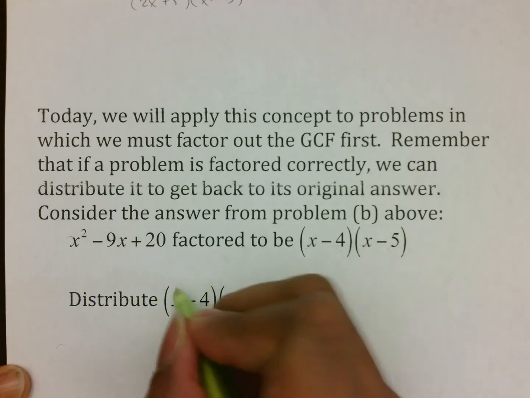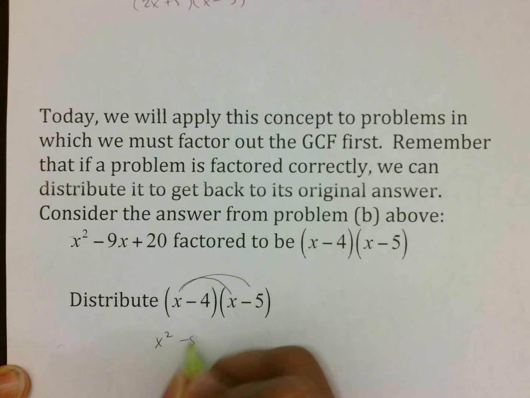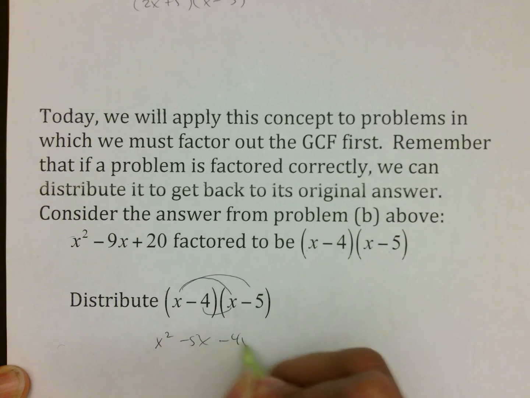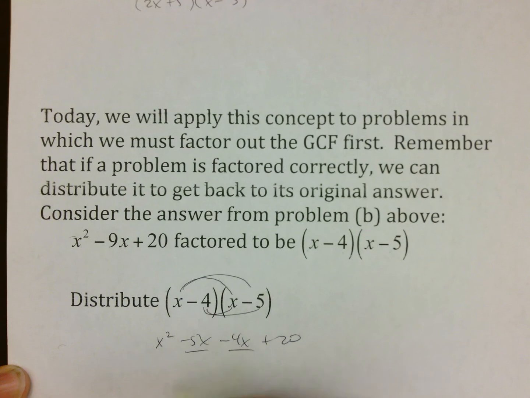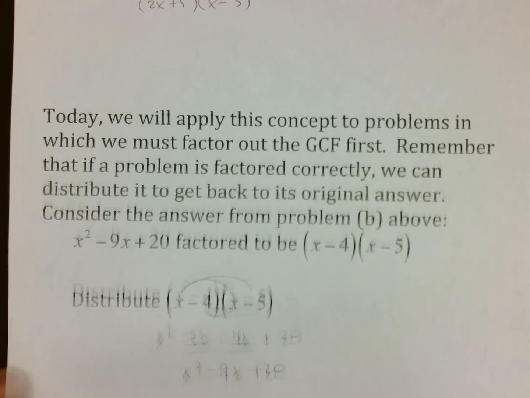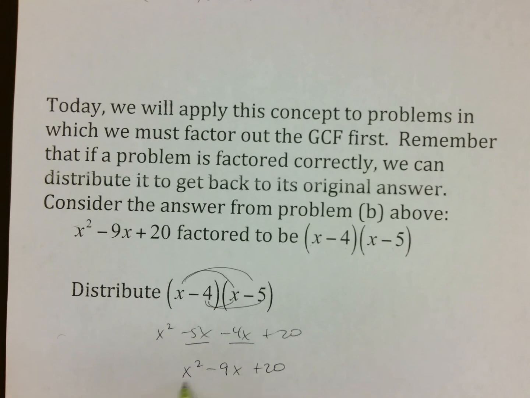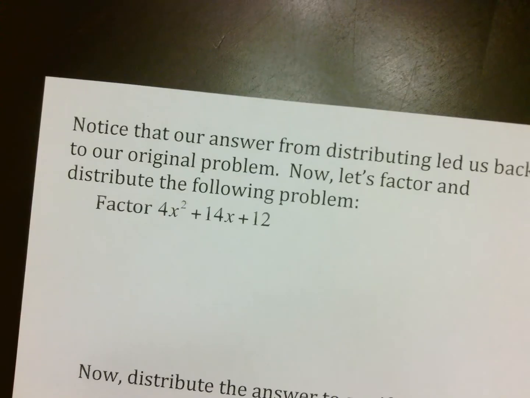If we distribute that, you get x squared minus 5x minus 4x plus 20. When you put those together, you get x squared minus 9x plus 20, which means that this and this match. So our answer from distributing actually led us back to our original problem.